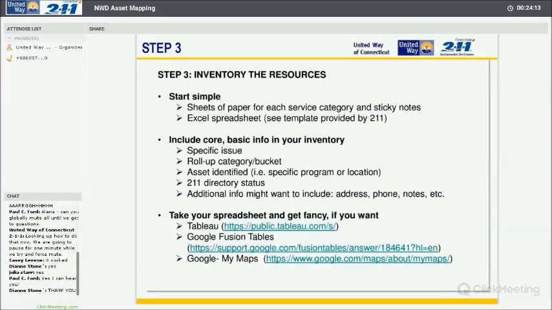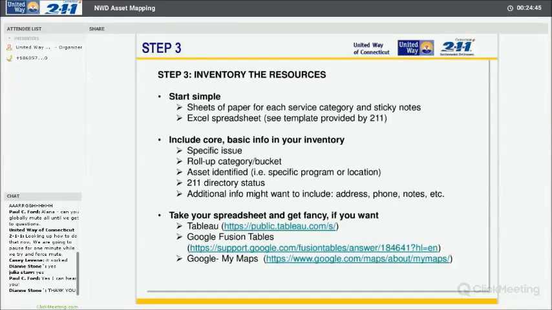And then the third step, after you've gone through those various ways to identify the resources in the community, is really to inventory them. We think starting simple is a good way to go. It could be something as simple as sheets of paper for each service category and sticky notes.